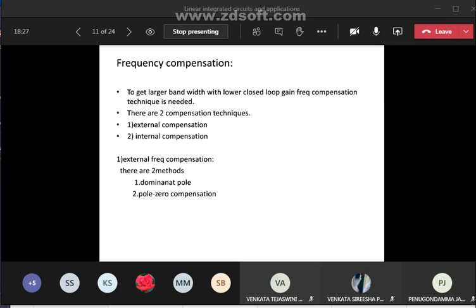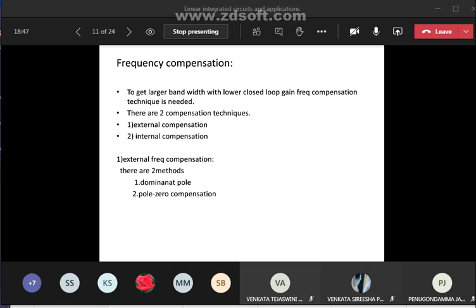The transfer function of a frequency dependent system with 3 break frequencies is AOL of F equals AOL, the open loop gain, divided by (1 plus j F by F1)(1 plus j F by F2)(1 plus j F by F3).